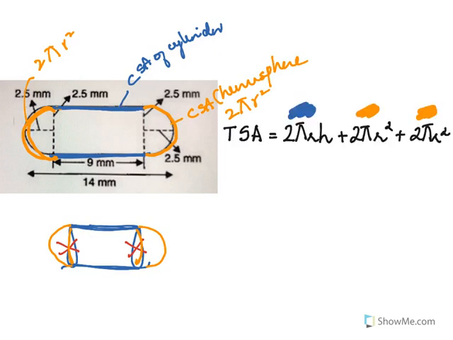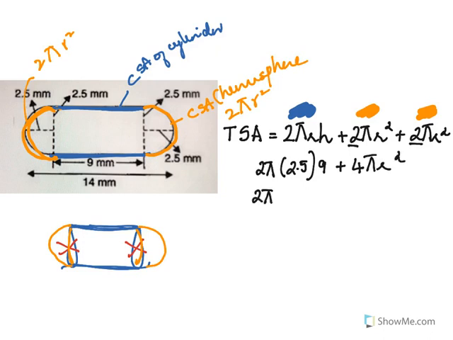We now substitute the values. So we start here with 2 pi. We know the r is 2.5 and the h is 9, plus here this 2 pi r square, we're going to add up and do 4 pi r square.